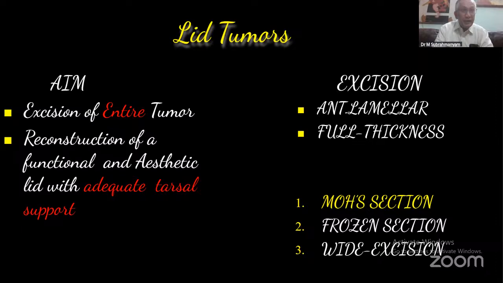Then you put a suture at one particular place and send that to the pathologist, informing in which area you have put the suture. He will give the report probably in about 3 days, whether the tumor is totally removed or whether the margins are free or involved.